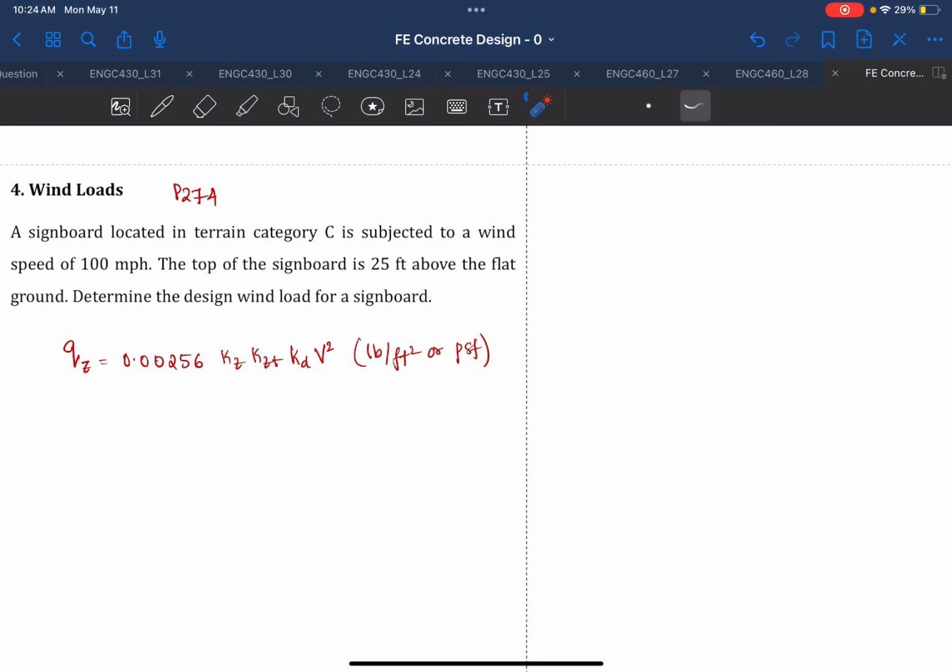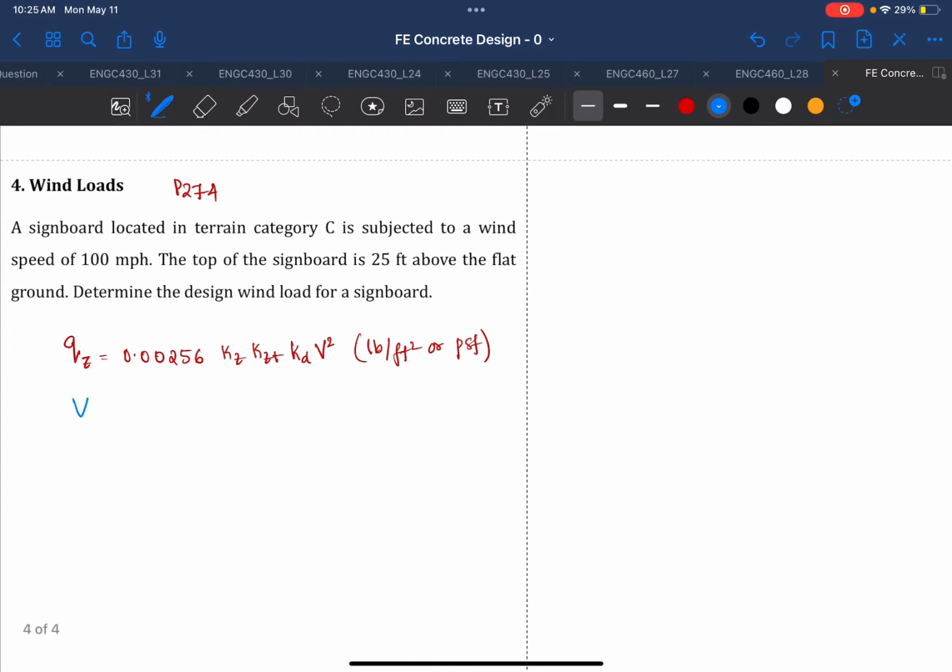In this case, for your wind load, V, which is your basic wind speed, has to be in mph, which means miles per hour. Let's see the question: for calculating a wind load, a signboard located in terrain category C is subjected to a wind speed of 100 miles per hour.